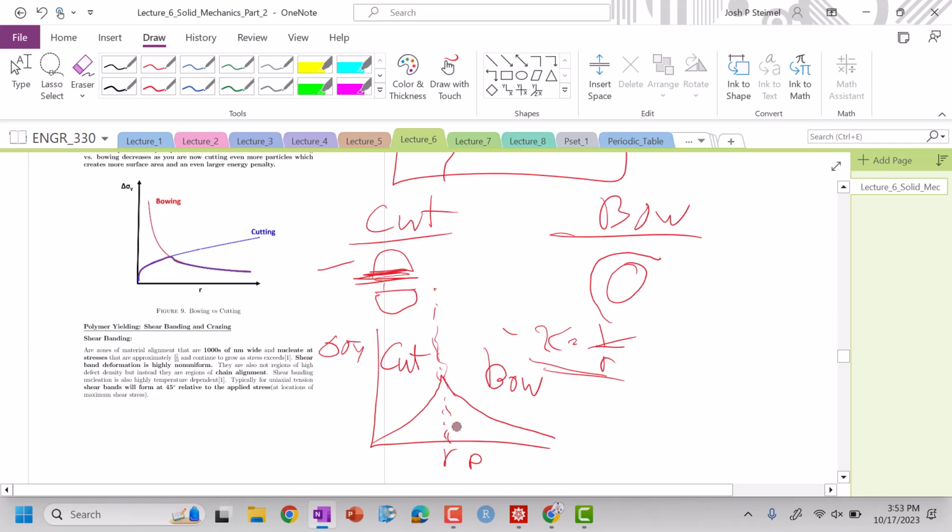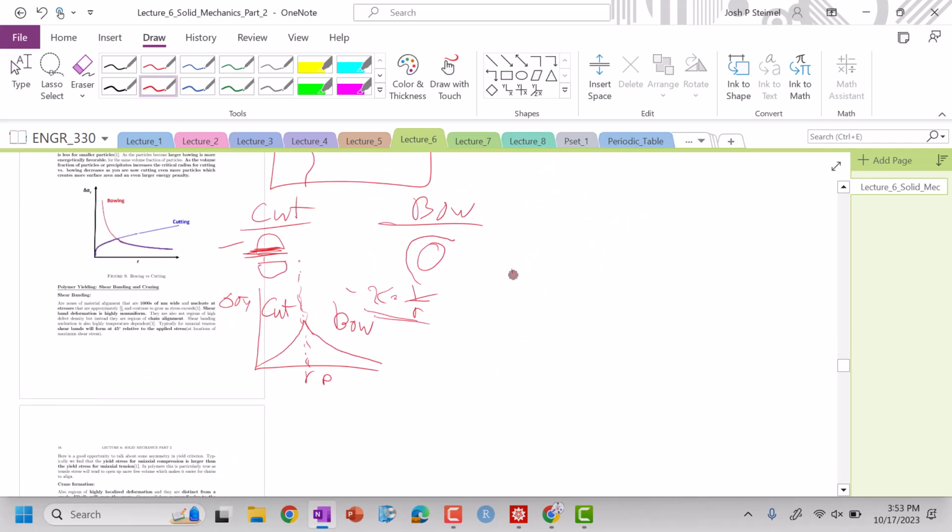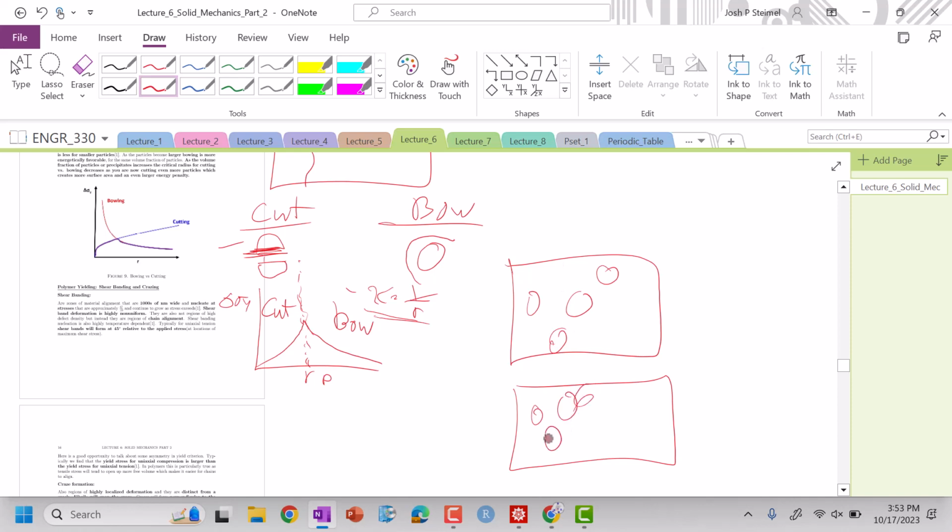Now, a cool thing happens. What if I have a system like this, where I have only a few particles of different sizes versus lots of particles? If I go from system 1 to system 2, how will this curve change for system 2? Well, I have a lot more particles that are going to provide resistance to my dislocation line.